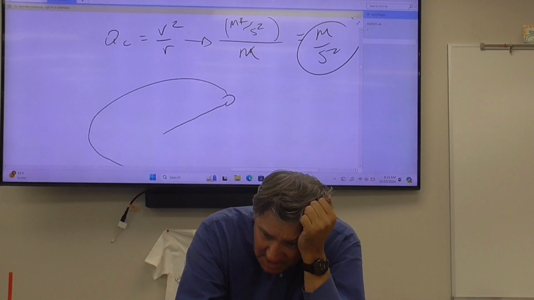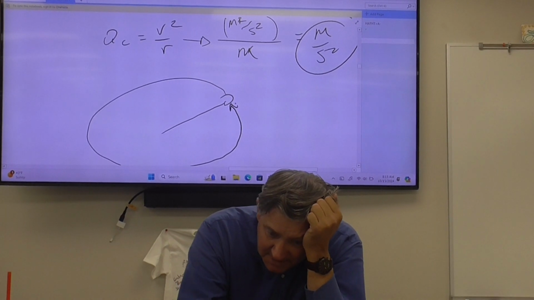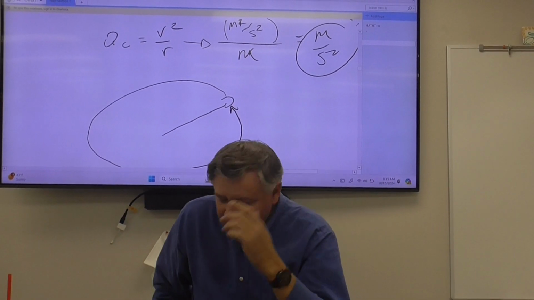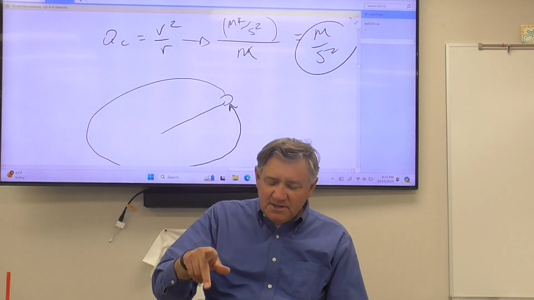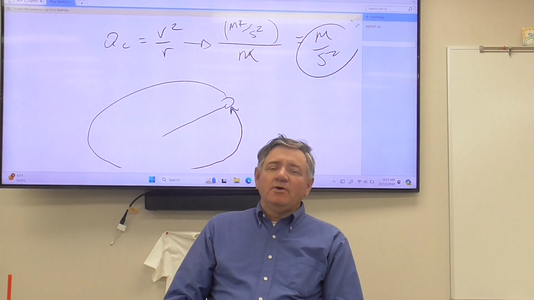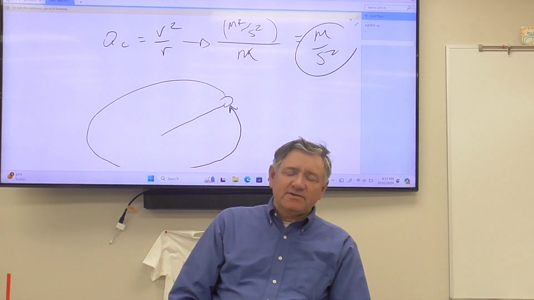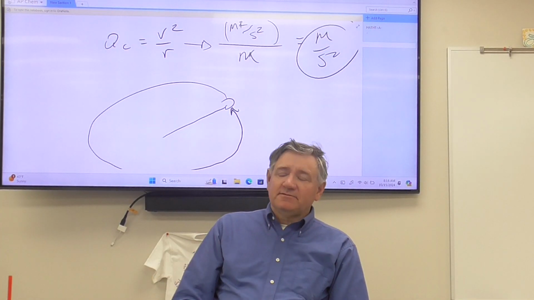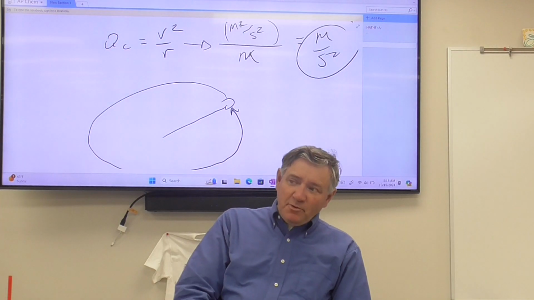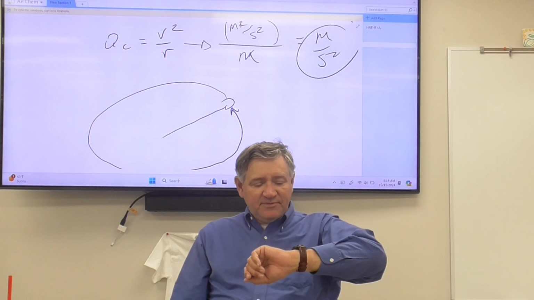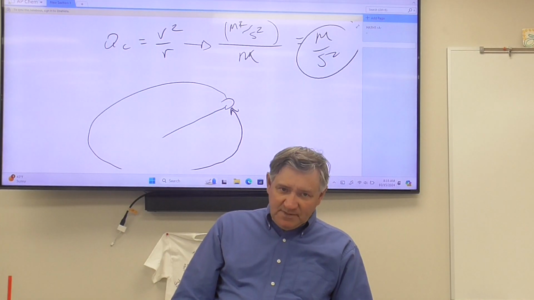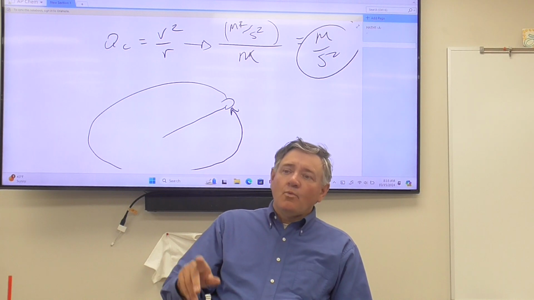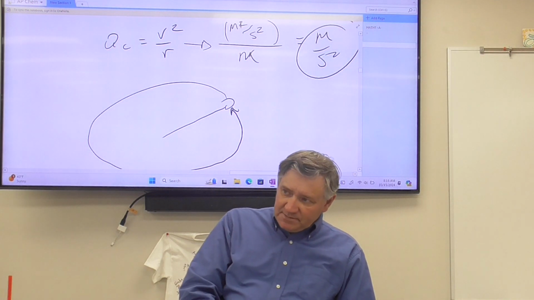If you look at the lecture notes, as this rubber stopper is going around, remember, there are two parts to any vector quantity. What are the two parts? Magnitude and direction. So up to this point, we've only talked about changing the magnitude.